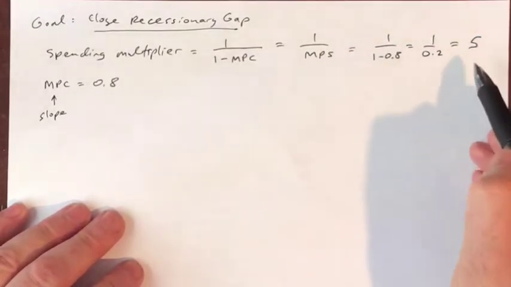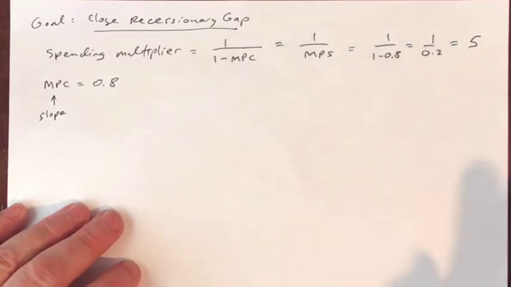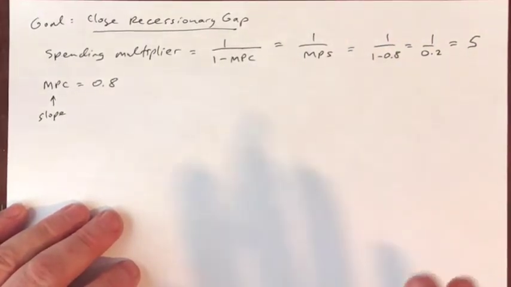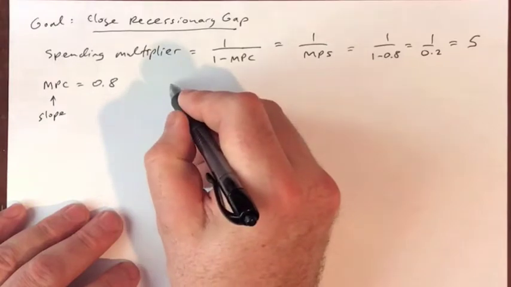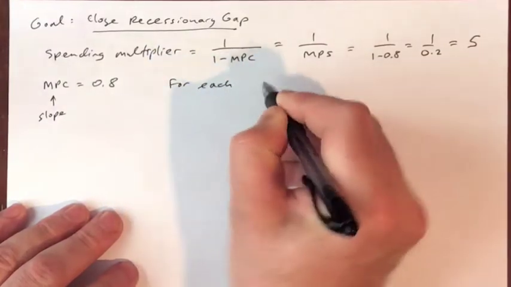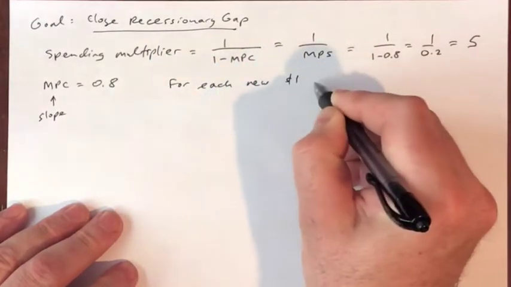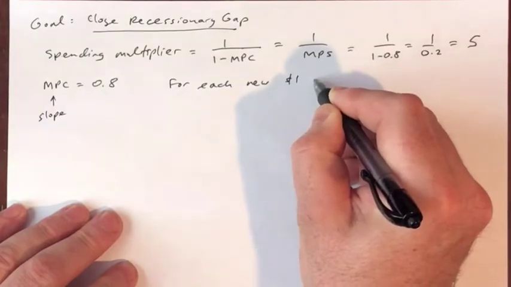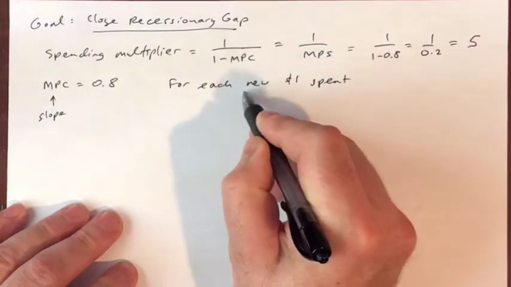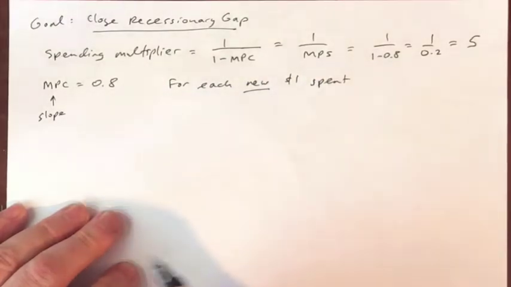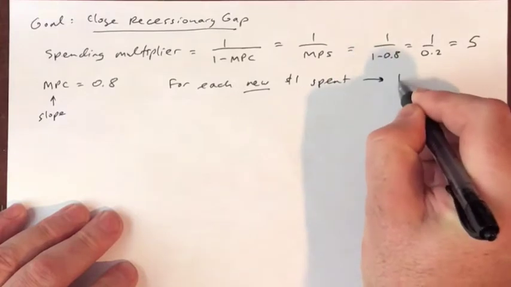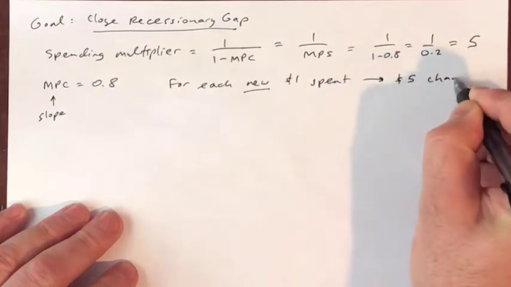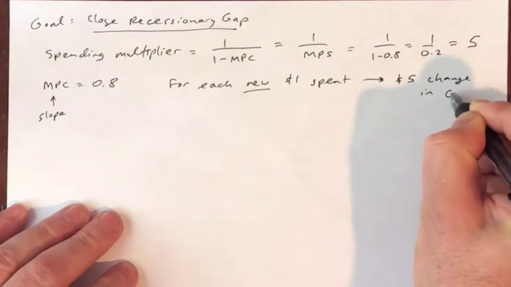Now you might recall this is a simplification. The multiplier is probably never that high, but it doesn't matter. For our purposes, we just want the simple multiplier. So what does this mean? What this means is for each new $1 of spending, and when we say new $1, we mean the change in spending, the result is going to be a $5 change in GDP.